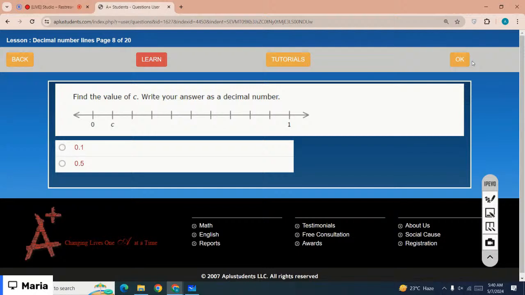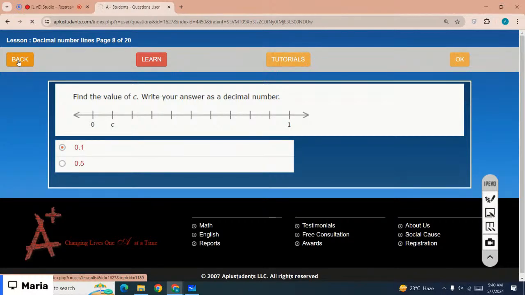The correct option is 0.1. The correct option is 0.1. Okay, you can complete the lesson by yourself later today.